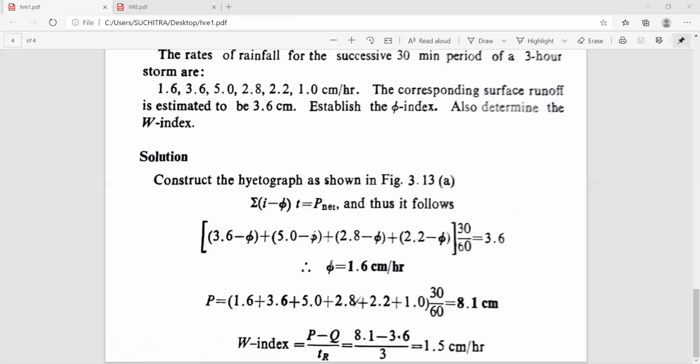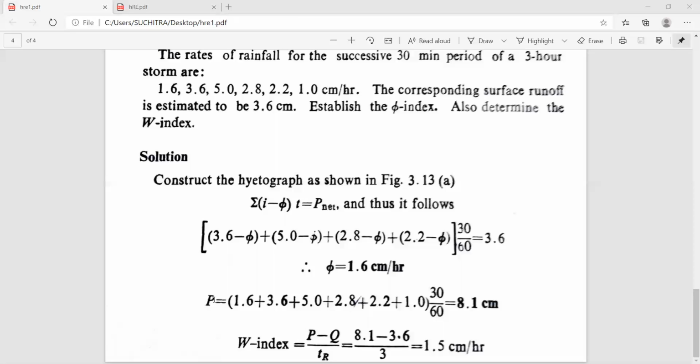After substituting phi as 1.6 centimeters per hour, because we have assumed a constant rate of infiltration, we get 5 minus 1.6, 2.8 minus 1.6, 2.2 minus 1.6, multiplied by 30 by 60 is equal to 3.6. We get the value of phi index as 1.6 centimeters per hour, which is almost equal to the assumed value.